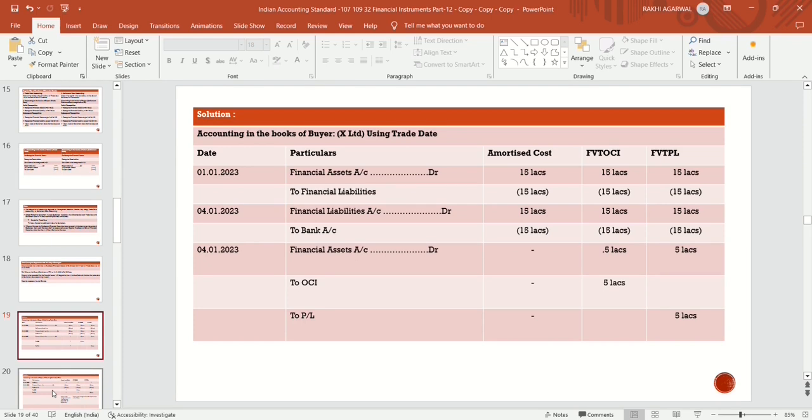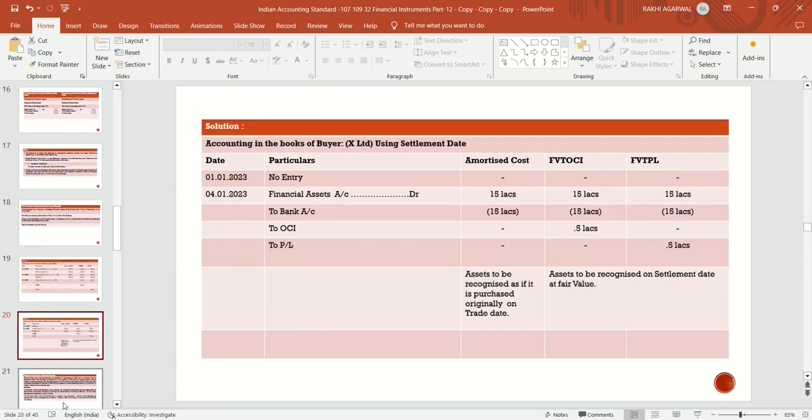Financial asset account debit by 50,000 in case of FVTOCI to OCI, that is 50,000. And in case of FVTPL, financial asset account debit by 50,000 to P&L 50,000. So in this way the accounting entry is to be done using trade date accounting.